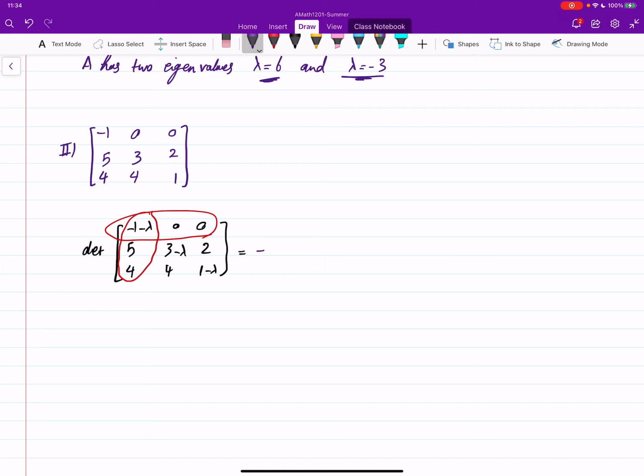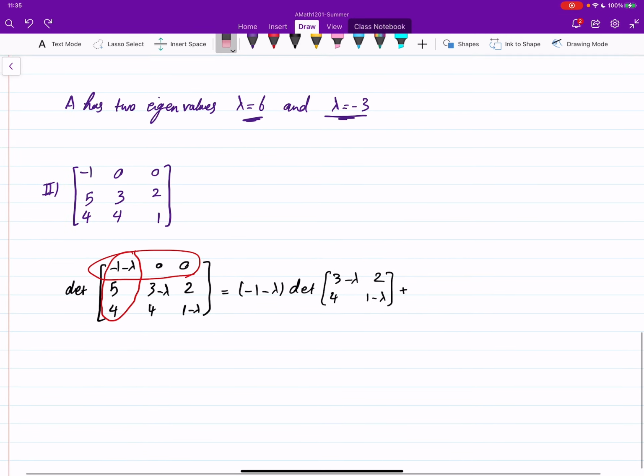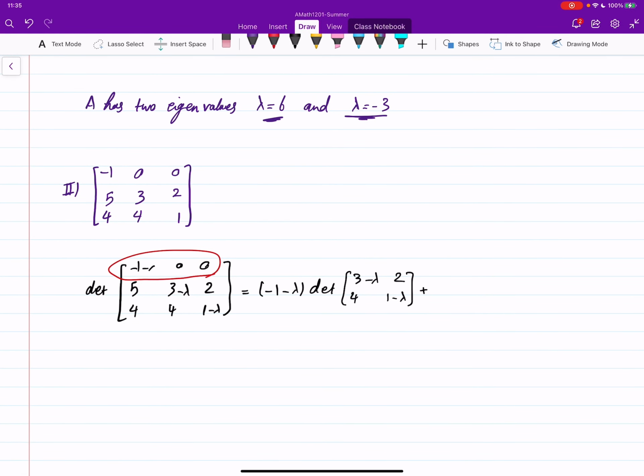The first entry gives minus 1 minus lambda times the determinant of 3 minus lambda, 2, 4, 1 minus lambda, plus the second entry, which is going to be multiplied by 0. So that is minus 0 times a determinant, and the third entry of the first row is 0 as well. So I will be good there.